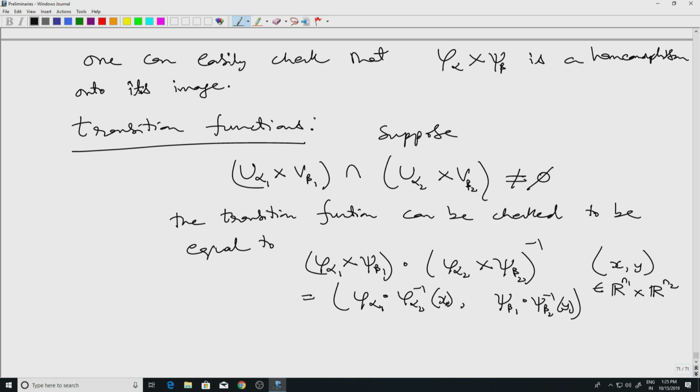Of course, this x comma y, so I acted on x comma y, where x comma y belongs to, strictly speaking, C alpha 2 cross C beta 2 of this intersection.